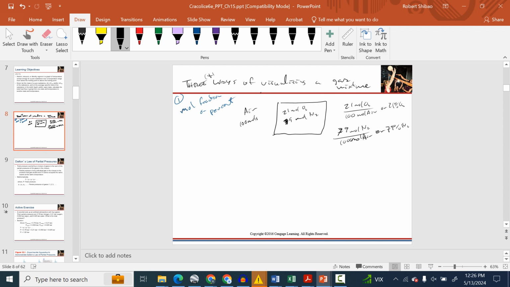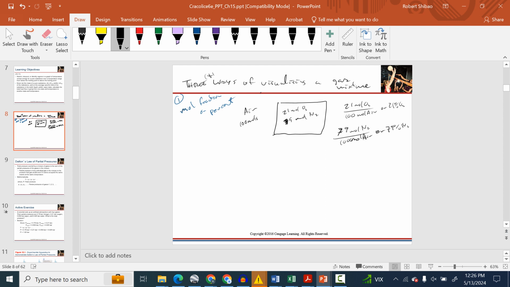We could do it by particles as well. If I had 100 molecules, rather than 100 moles, then 21 of those molecules will be oxygen, 79 of the molecules should be nitrogen, according to the composition of air. The mass percentage is a little bit different. A mole of oxygen weighs 32 grams, and a mole of nitrogen weighs 28 grams.